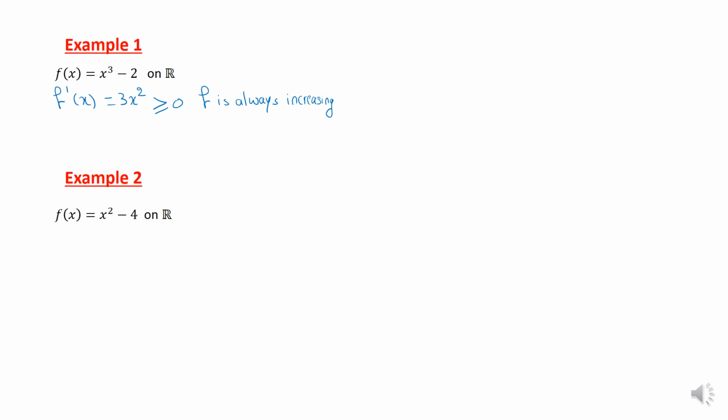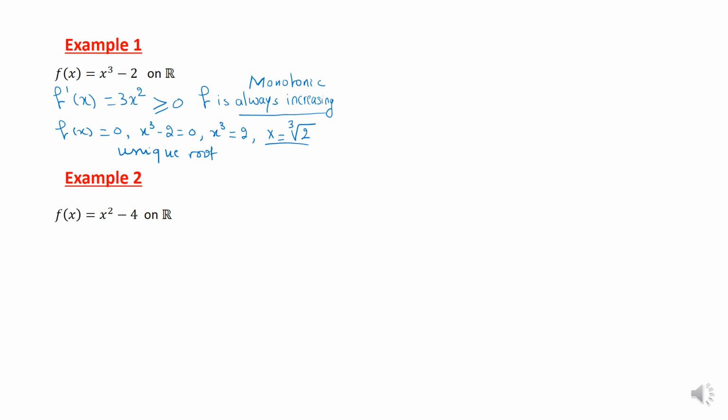If you solve f of x equal to 0, meaning x cubed minus 2 equals 0, x cubed equals 2, x is equal to the cube root of 2. You will note that the function has a unique root. Since the function is always increasing, meaning monotonic, it has one unique root.